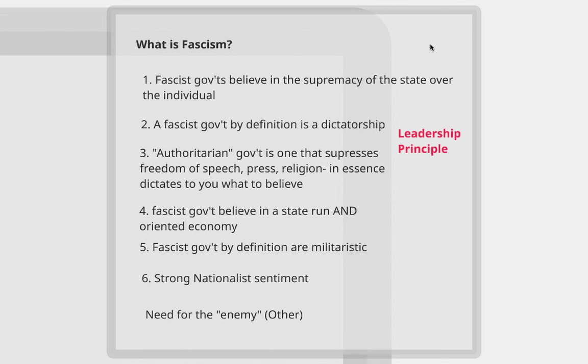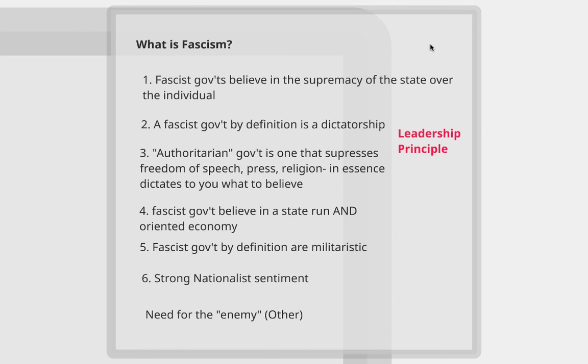It's about keeping the nation ready, getting the country prepared, having them on that footing to go to war. And this includes everybody, men, women, children, the youth. Everybody has the same kind of mentality, has the same purpose, okay? Number 6, there's a strong nationalist sentiment.